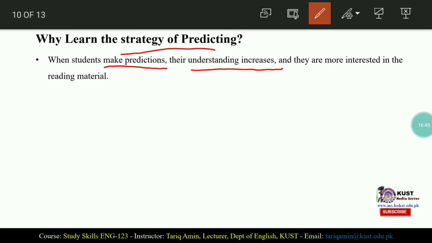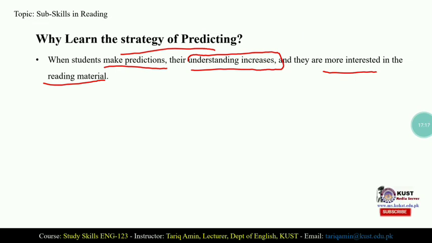The very first advantage is that it increases their comprehension of the text, and they are more interested in the reading material. Increasing your understanding of the text results in increased motivation and interest in the reading material.